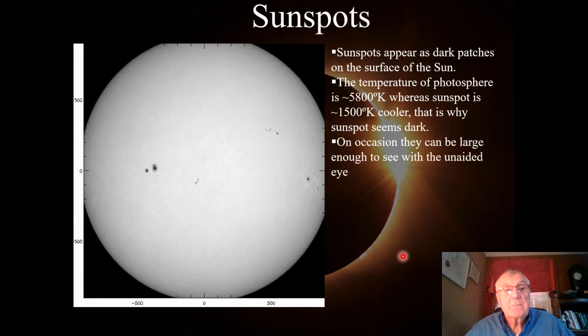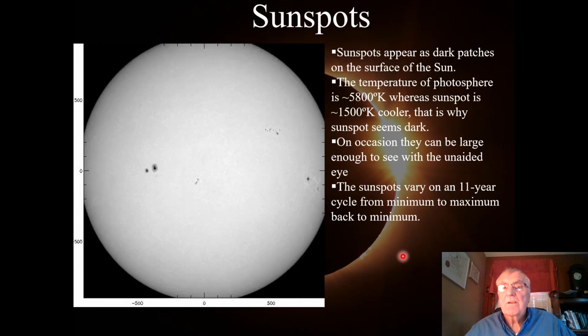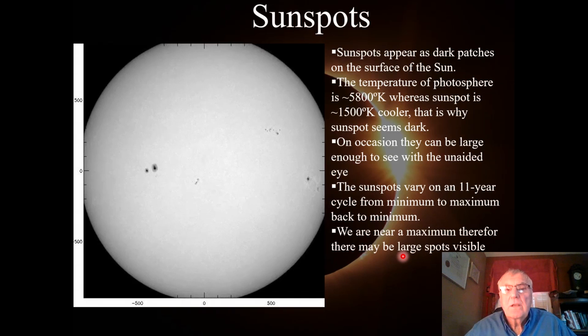On occasion, they can be large enough to see with the unaided eye. Now, sunspots vary on an 11-year cycle from minimum to maximum to back to minimum again. We are approaching a maximum. So chances are pretty good that we might have some large sunspot or sunspot groups that may be visible to the unaided eye.